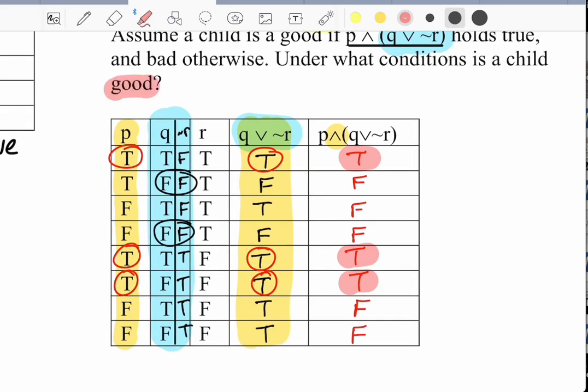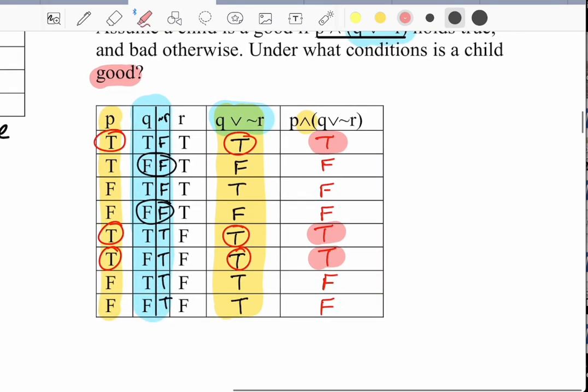So that would mean that the truth value of behavior being good would be true. All right. So we go back to our original P, Q, and R and only take the relevant ones. P, Q, and R. The ones that worked, the ones that gave us a true result were true, true, true.